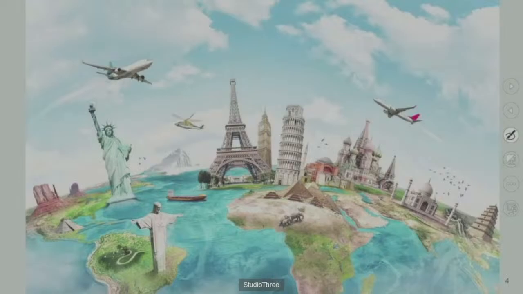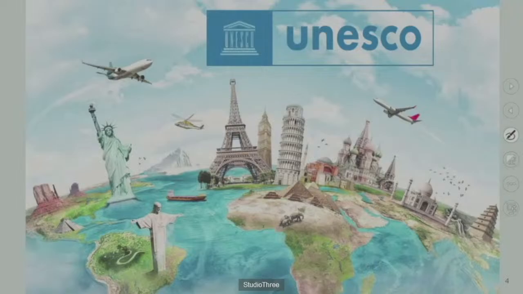Next, we'll come to know what World Heritage is, who are the members of World Heritage, and what is the work of World Heritage. Friends, UNESCO, an organization, works under the UN, United Nations, which looks after the various committees.